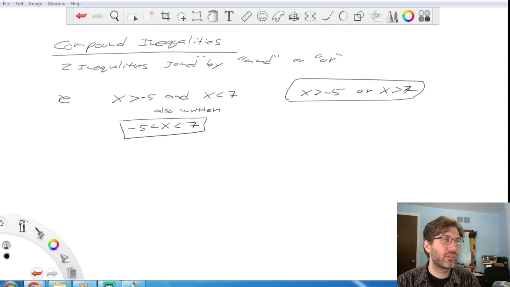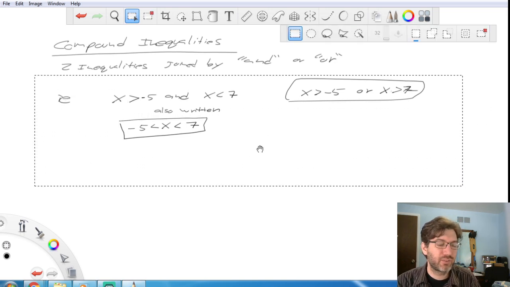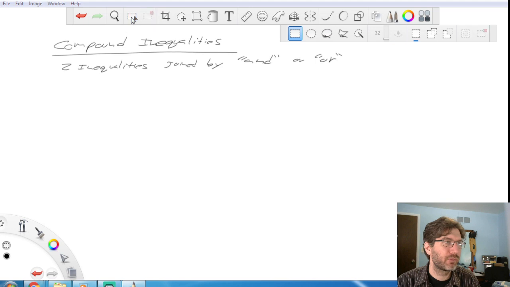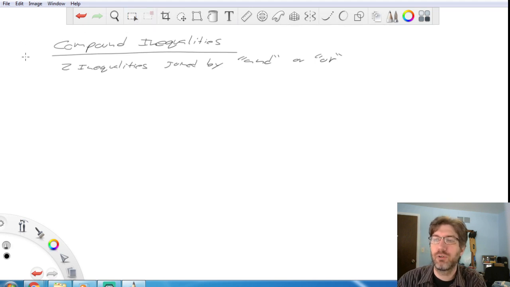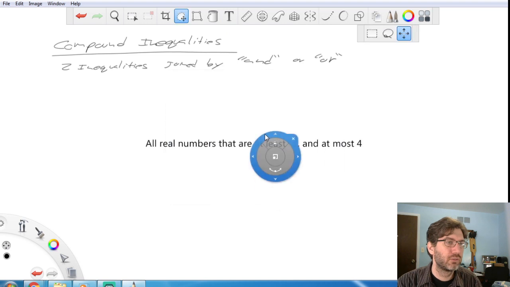You're going to get these things written probably in words as well and need to translate them. So we're looking for things in this kind of format because those are what compound inequalities look like. And if you are following along with the PowerPoint, the first question is stating this.